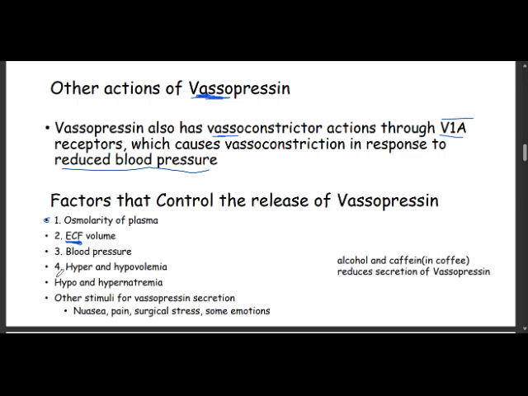All right, and fourth, we have hyper and hypovolemia. So hyper and hypovolemia simply deals with the amount of blood. ECF volume talks mainly about all of the volume that is in the extracellular compartment, but for hyper and hypovolemia, we are basically talking about the blood content, the amount of blood that is in the body.